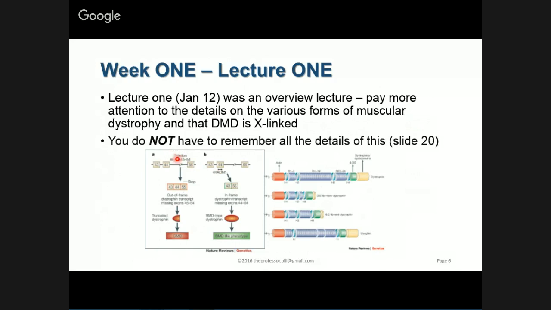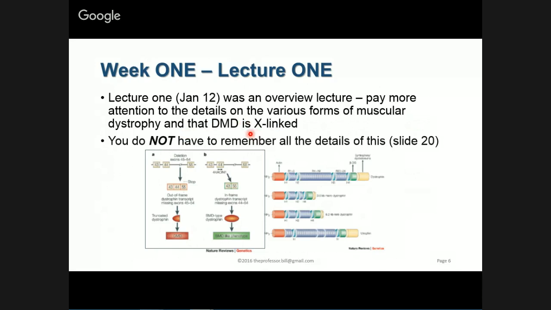However, because we discussed it in class, I would ask you to know some of the details, because we talked about a nonsense mutation and how it generated a stop codon, and that's in your notes a little bit later on. You don't have to remember details of things I did not cover in class. I will ask you to know details about the various forms of muscular dystrophy.